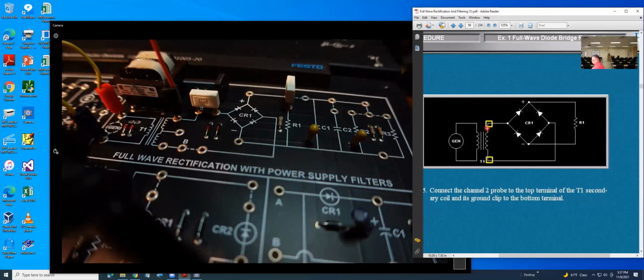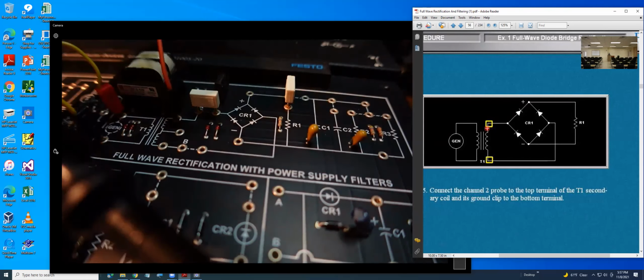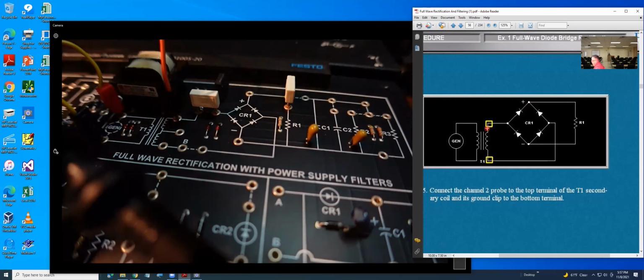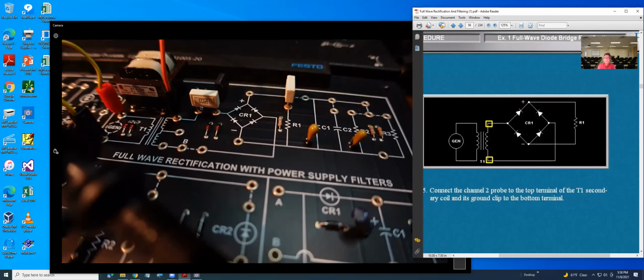Okay, so now, first thing you need, we have to make sure the circuitry is correct. Looking at this circuitry here, that's the secondary, and this is the generator, primary.